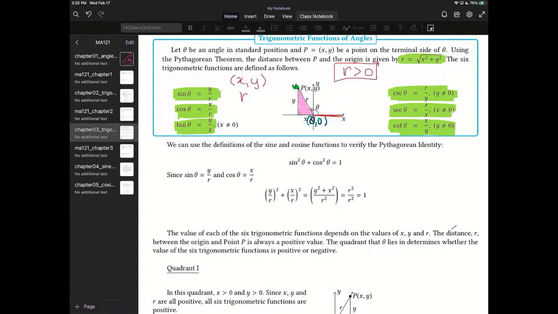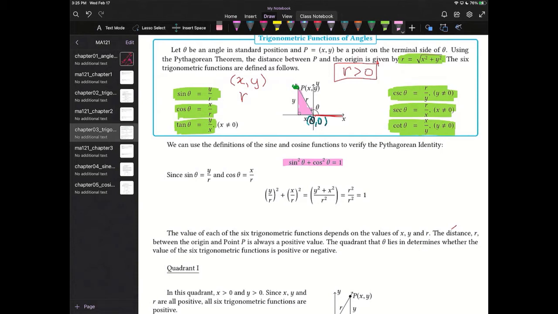And you also can see here that from our trigonometric identity from before, we have that sine squared of an angle theta plus cosine squared of the same angle theta equals 1.